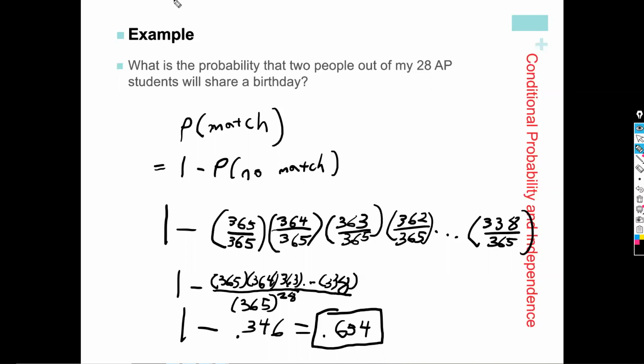Some more numbers for you on this. And again, it's because there are so many pairs of people that we could have. 23 people is the threshold for having a greater than 50% chance. So if you have 23 people together in a room, then more likely than not, you're going to have people share a birthday.